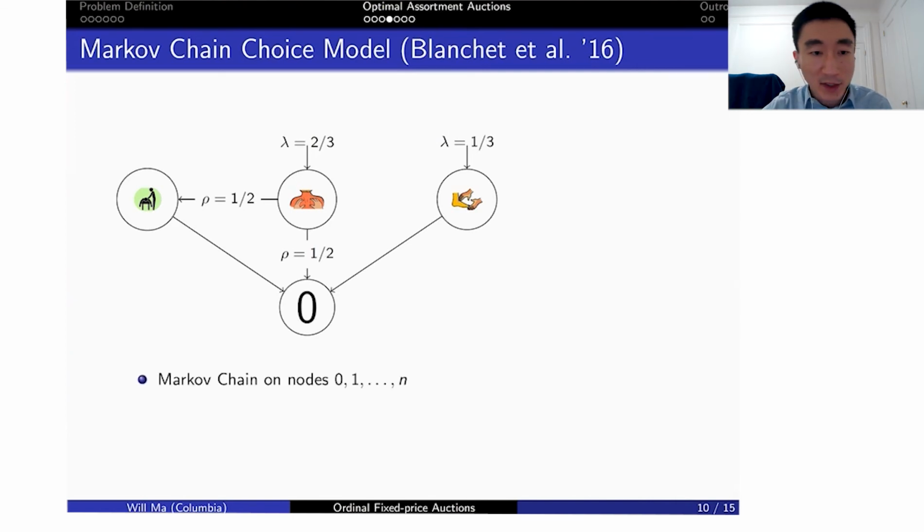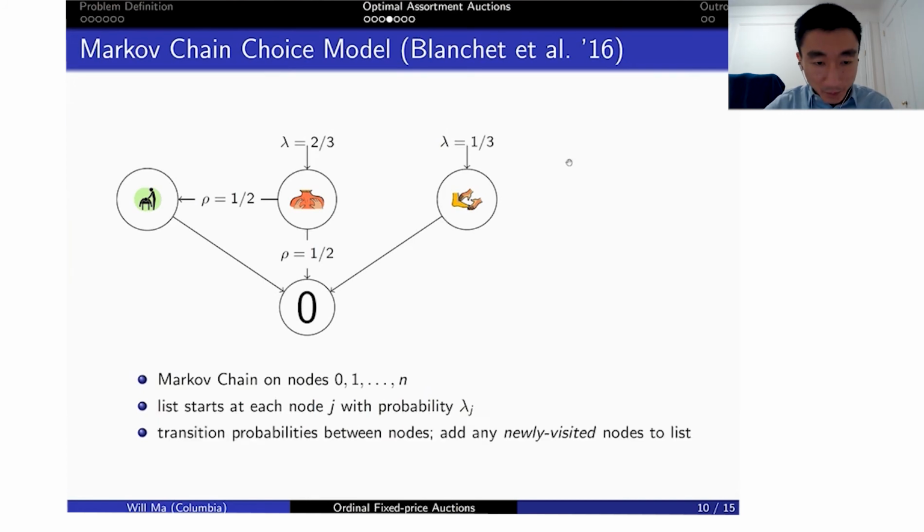And then I have these starting probabilities, lambda. So what the lambda j's tell me is the probability that the list starts on node j. So in this example, the list starts on the back rub with probability 2/3, and the list starts on the foot rub with probability 1/3.